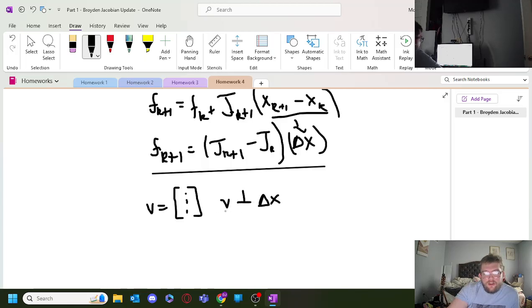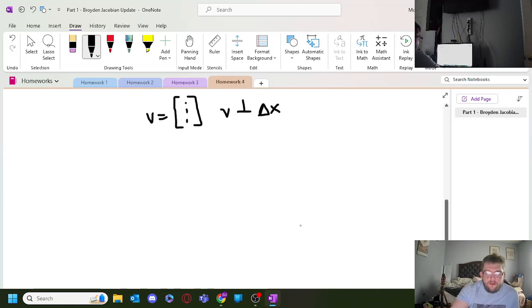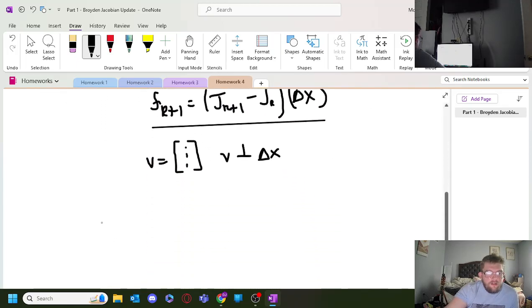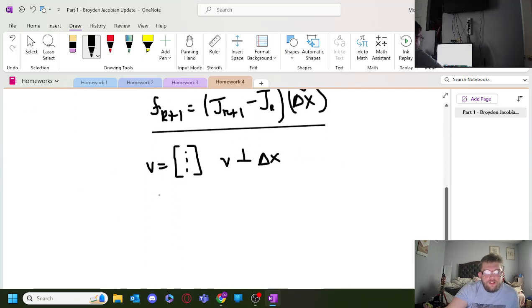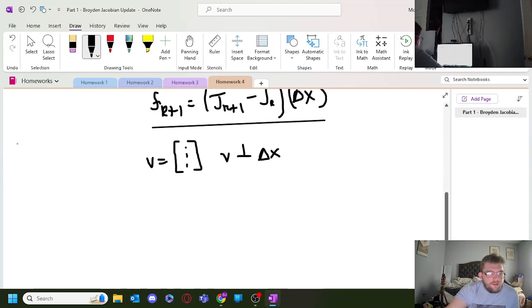Now the reason we're saying it's perpendicular here is, say you have a function that works in the x direction. So say your f is like 2x squared plus 7. If you travel along the x, this is going to change.